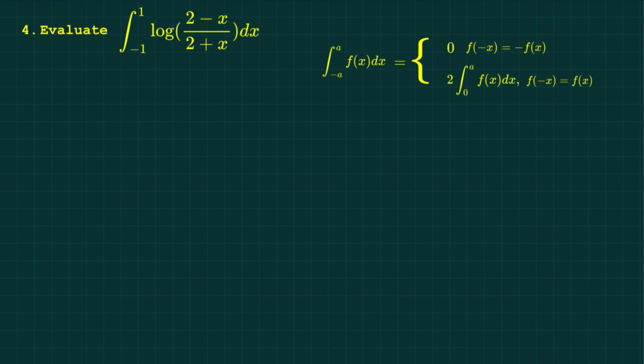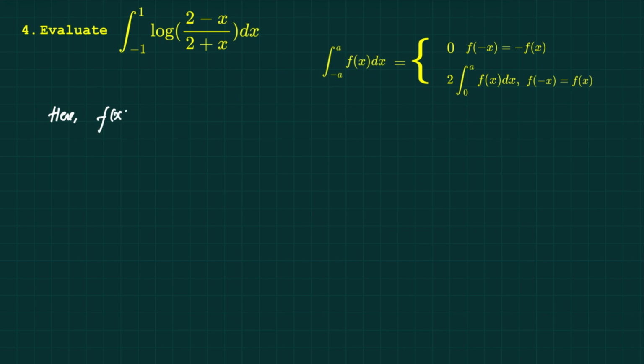Integration from minus 1 to 1 log of 2 minus x over 2 plus x dx. Again, this is in the form of integration from minus a to a. So either the answer will be 0 or 2 into integration from 0 to a f of x dx. Now this will depend on whether the function is even or odd.